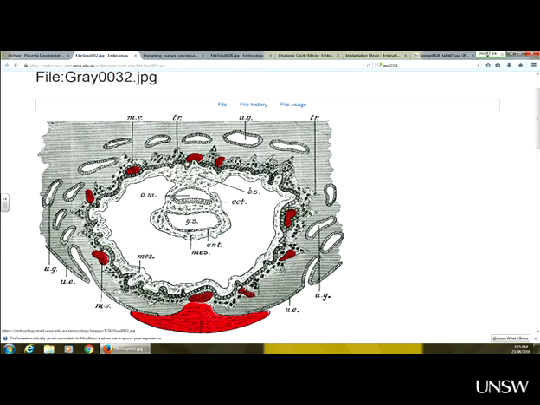And outside of that again, we have the syncytial trophoblasts. So all of this material here, all of this material is embryonic in origin, and everything outside of it is the maternal decidua.